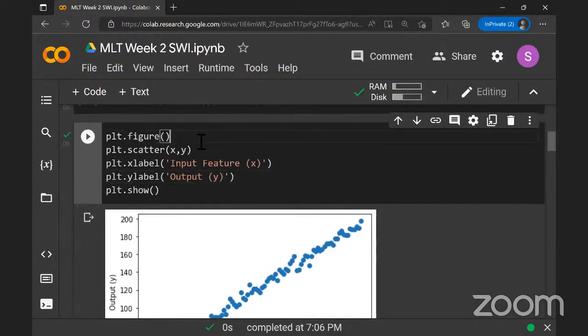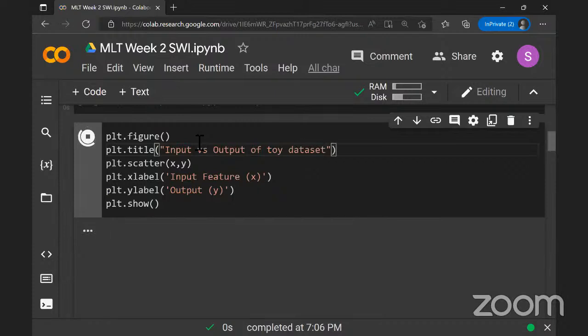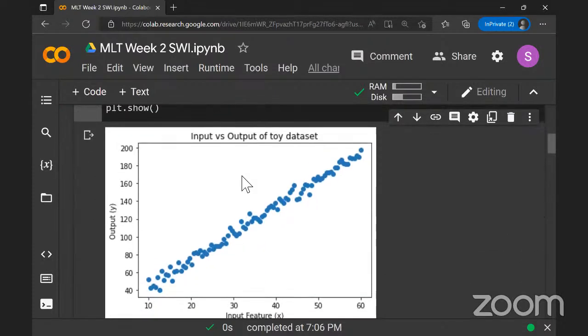You can also set the title of this chart. plt.title, input versus output of y data set. There it is. Now you have set x label, y label, and its title.